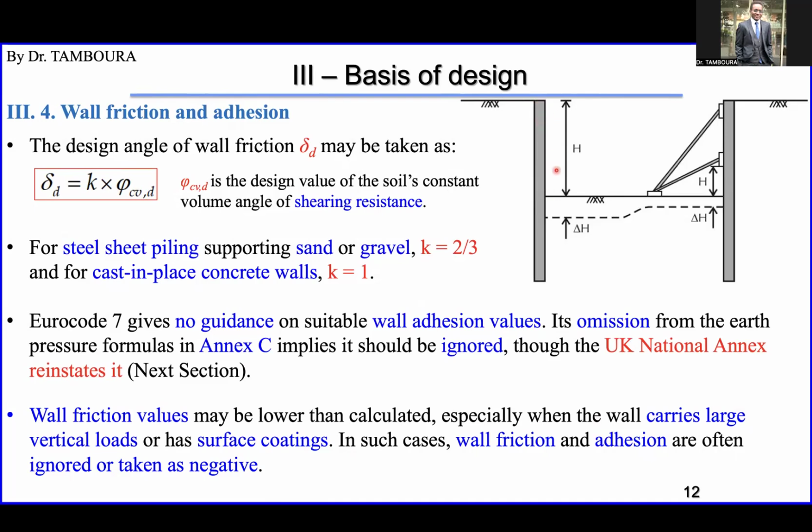Then you may reduce this value, or sometimes if you have some coating on the surface, because coating is not really rough, it is like making it smooth. So when you have that, you should consider decreasing the value of the friction.